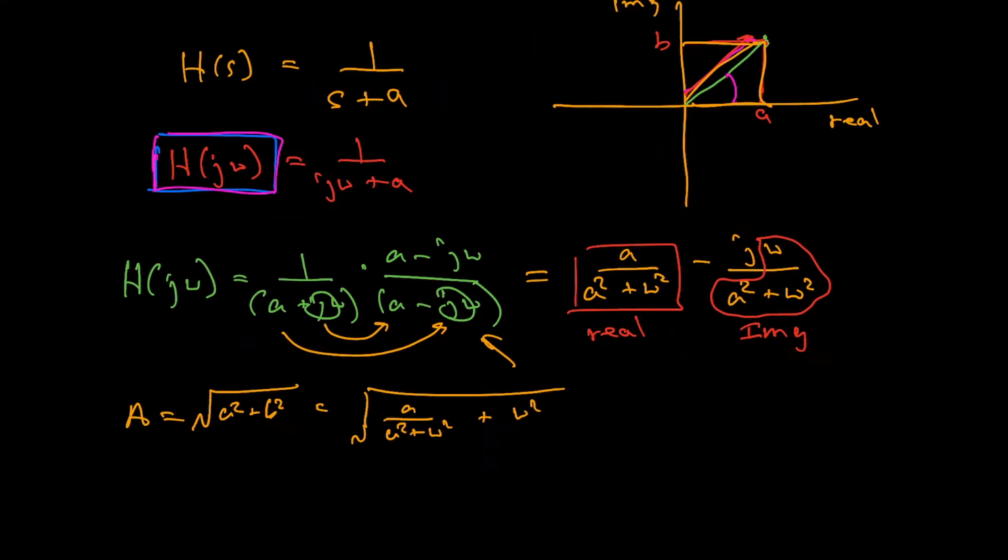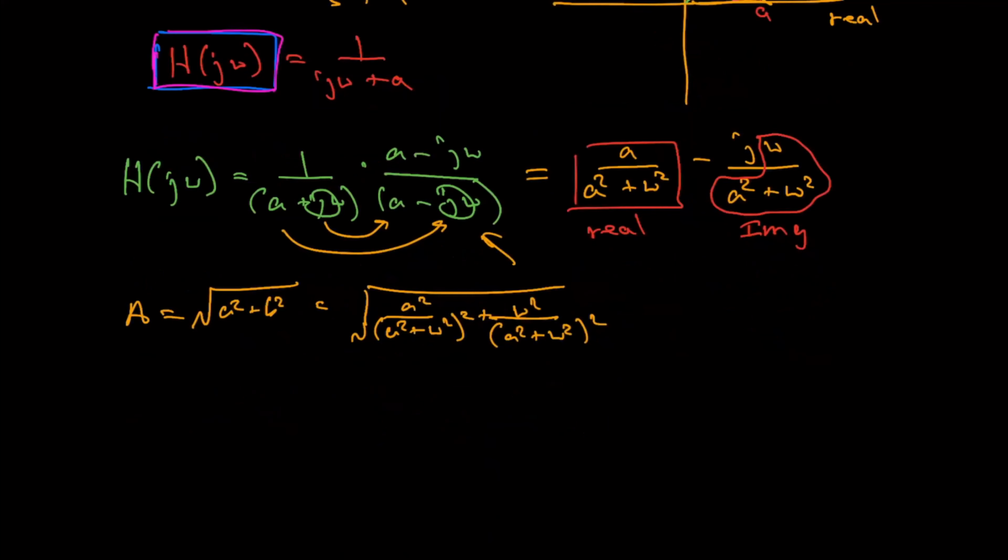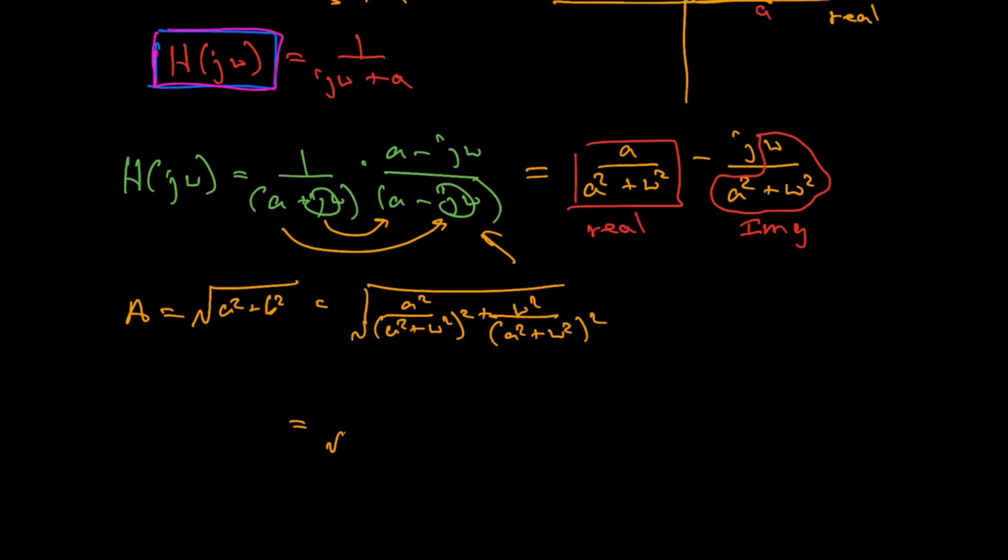Oops, no, hold on, I must remember to square the whole thing. Forgetting that, square the whole thing. And then that's a squared plus omega squared all squared. This actually simplifies quite a bit, and we end up with 1 over the square root of a squared plus omega squared.